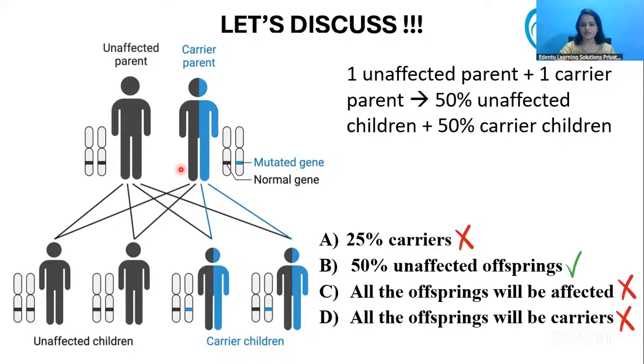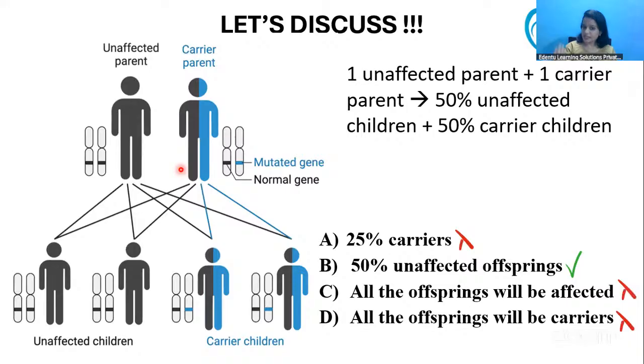This question is very important because they can ask questions in genetics related to pedigree charts and all. So it is very important that you know about the inheritance pattern.